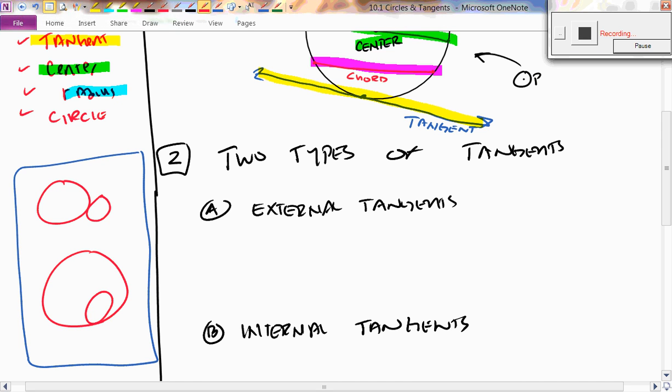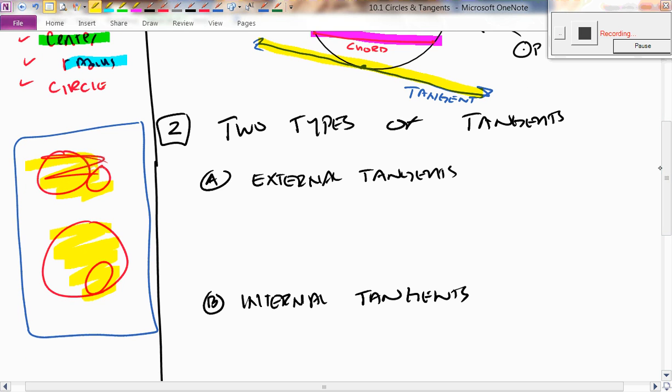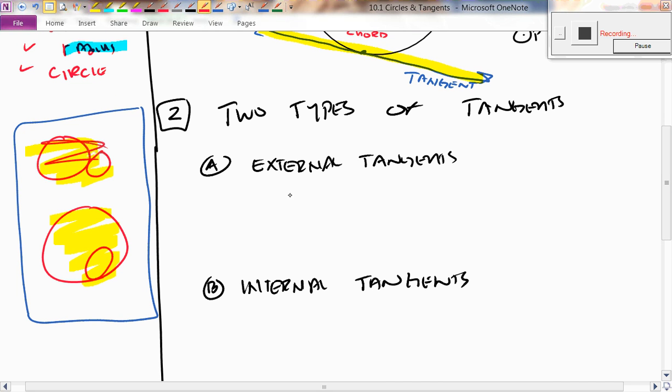Many of you drew this picture first, right? And then there's this one right here. You could draw the circle inside the other circle. Well, this describes both types of tangents that we have for circles. There's an external tangent and there's an internal tangent. The way that I remember these is that the external tangent happens if the circles touch on the outside.